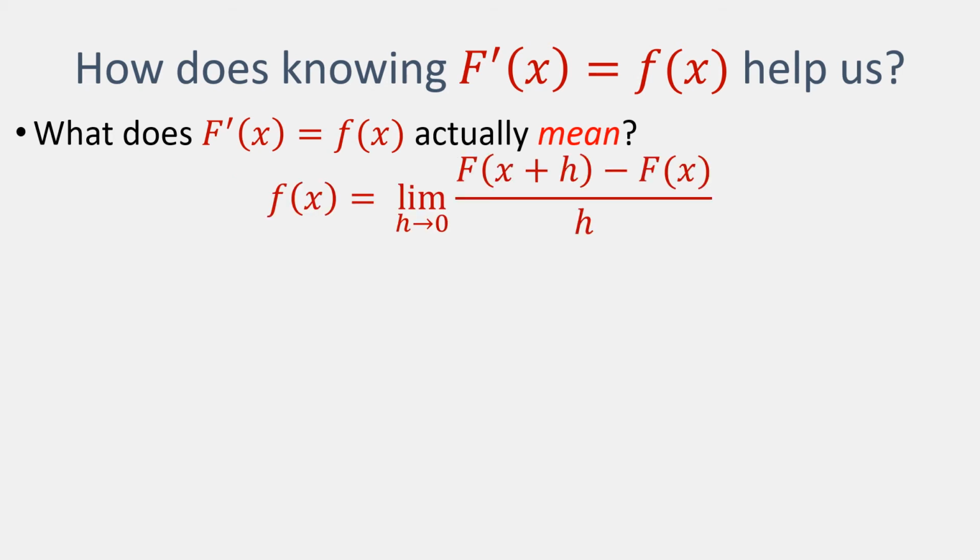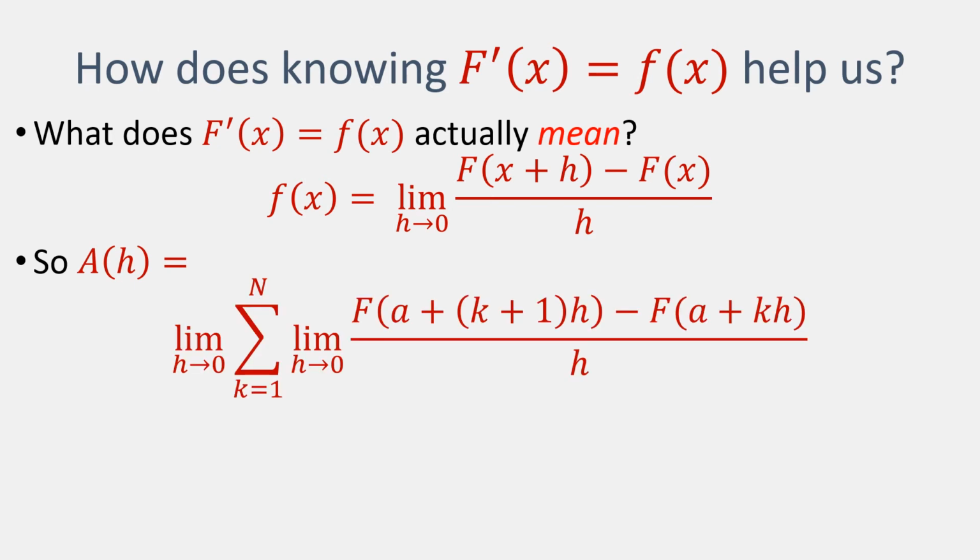Well, what it means is that our function, small f of x, is obtained by analysing this expression here. This is what we saw in our first principles analysis of what the derivative means. And so, having observed that, and having postulated the fact that the function we are looking at is the first derivative of another function, this tells us that our area expression is just this.